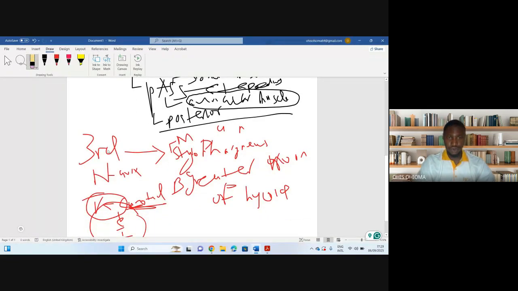Okay, so we're going to continue and talk about the fourth. Basically, the fourth gives rise to all the pharyngeal constrictors.